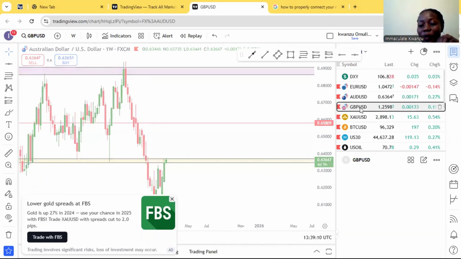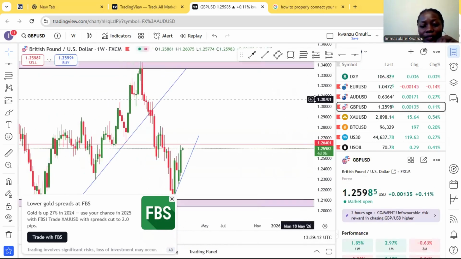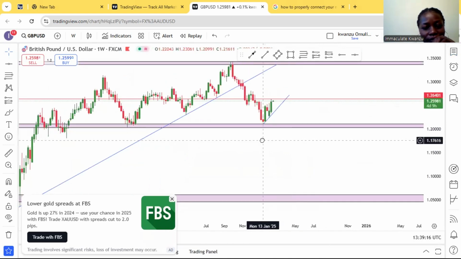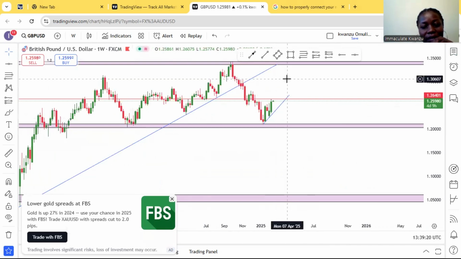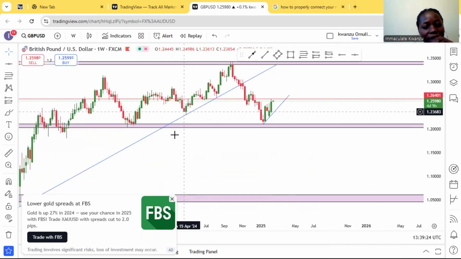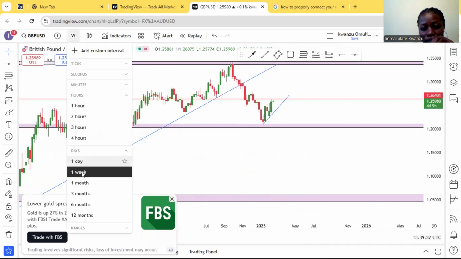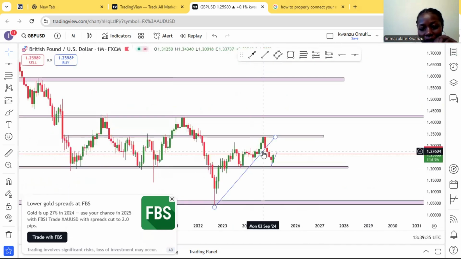Let's look at GBP/USD, the pound. So this is weekly, remember? Your levels must be in place, as you can see. Let's first go to the monthly.